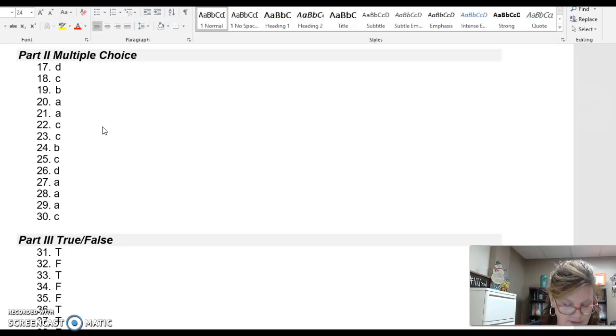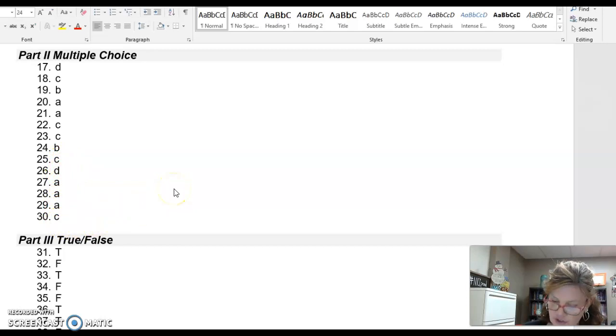Okay, again, that's given to them right away. So we also have number 22, which is going to be C. And 23 is C, and then 24 B, 25 C, and you can just kind of read through the rest.